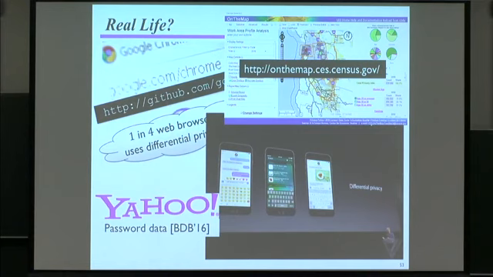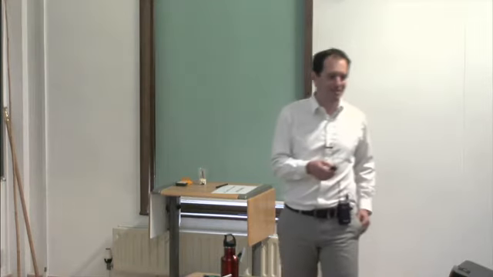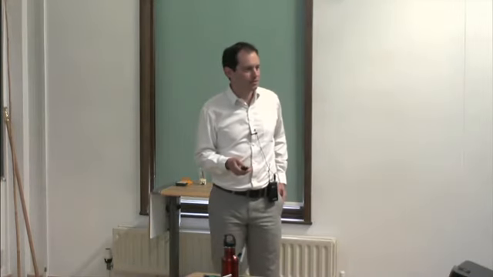Password data, in this case, is frequency statistics about the types of passwords Yahoo users use to secure their accounts. And exactly which statistics are provided, I don't actually recall. I think it's a frequency list.